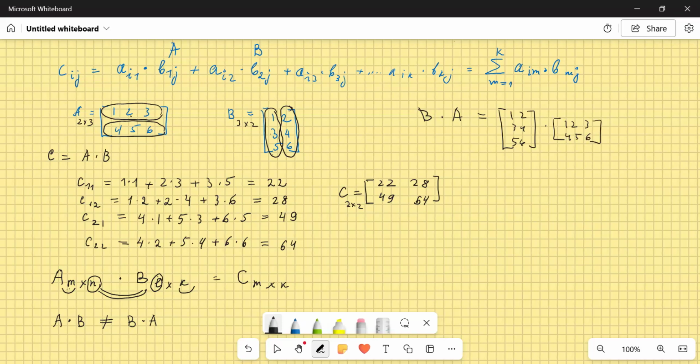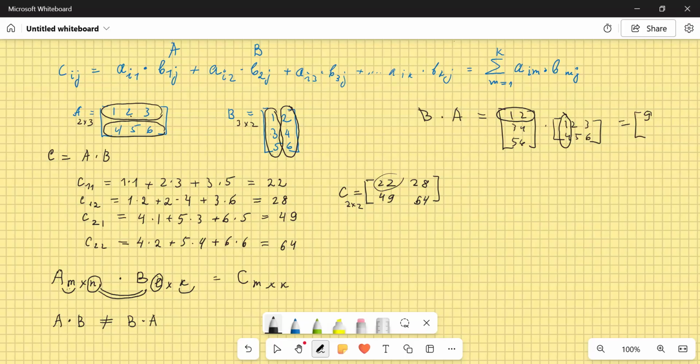These two matrices are still going to work, right? But let's calculate our first element. It's going to be 1 by 1, 2 by 4, which is going to be 9. So my first element is equal to 9, compared to the first element of the earlier matrix, which is 22. Besides that, the elements are going to be different by themselves.